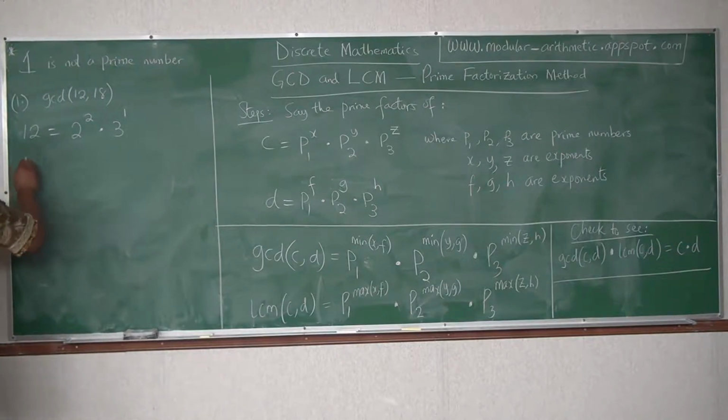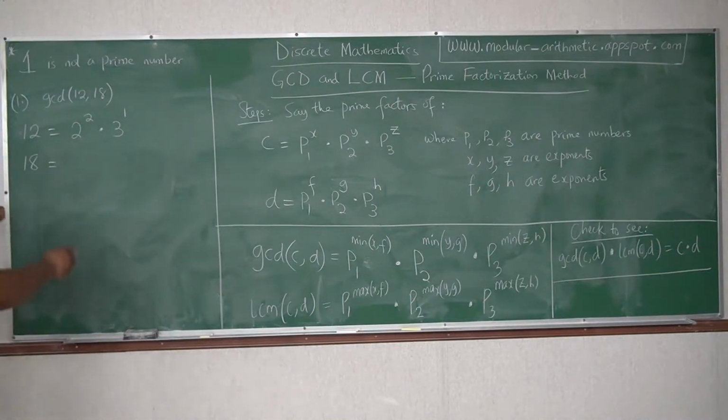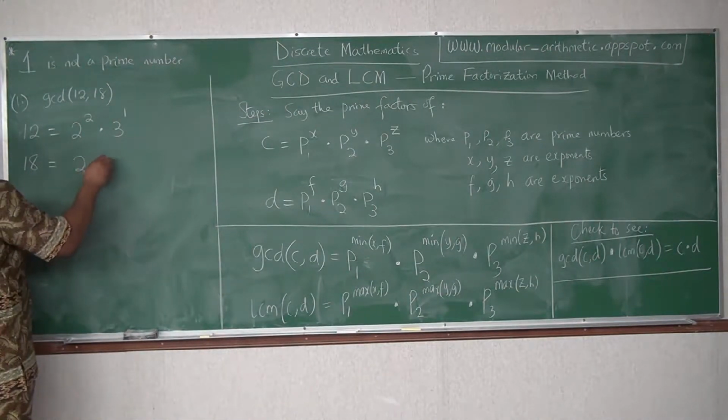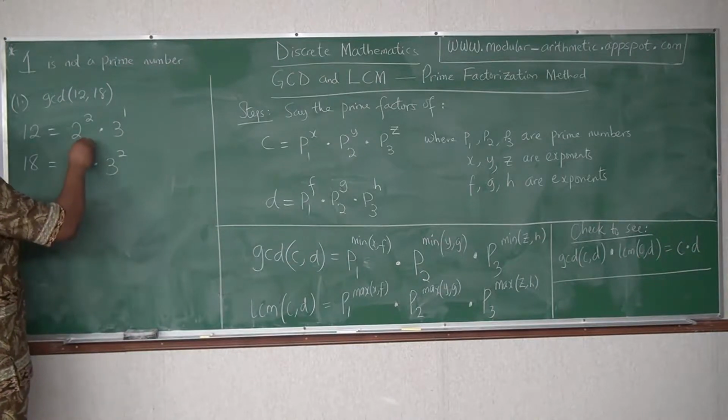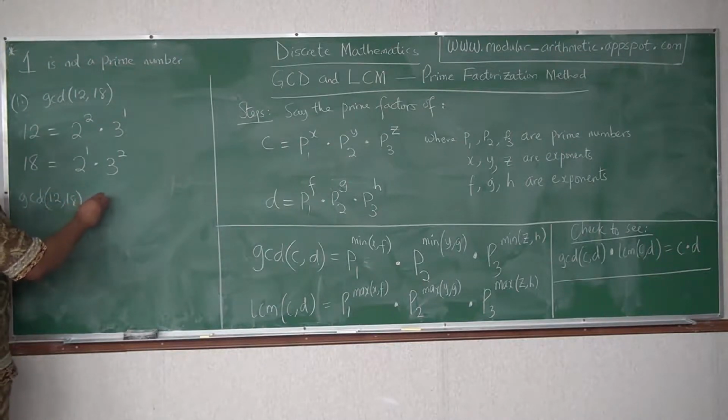And then 18 is 2 times 9, and 9 is 3 squared. So this is 2 raised to power 1 times 3 squared.